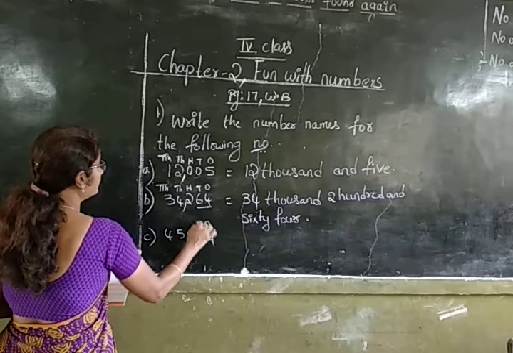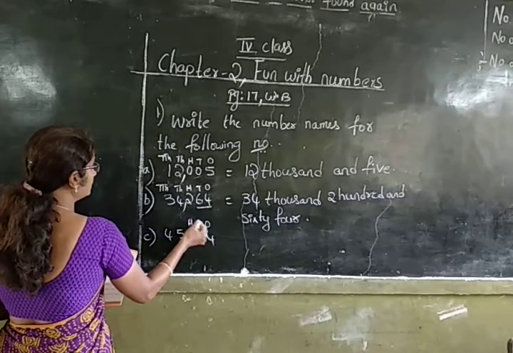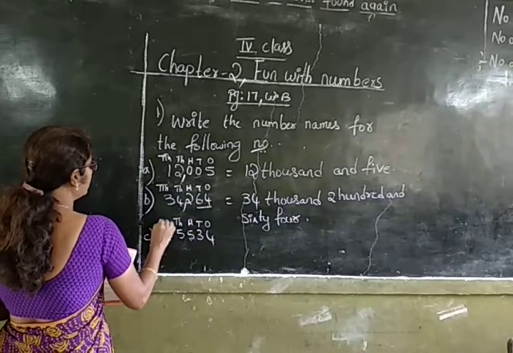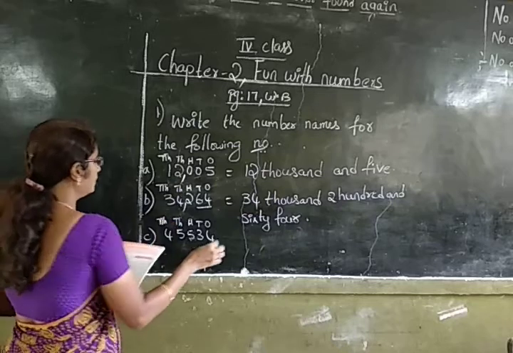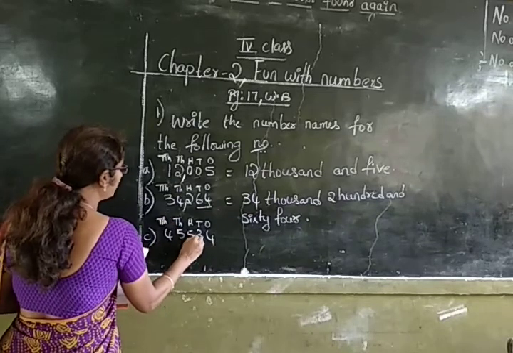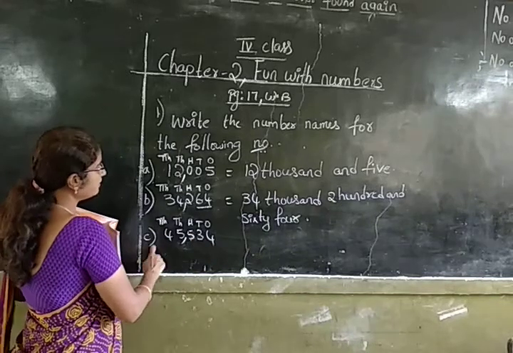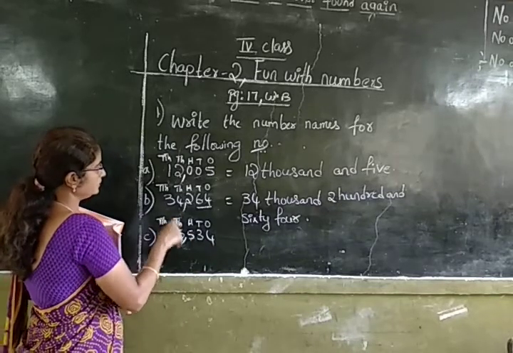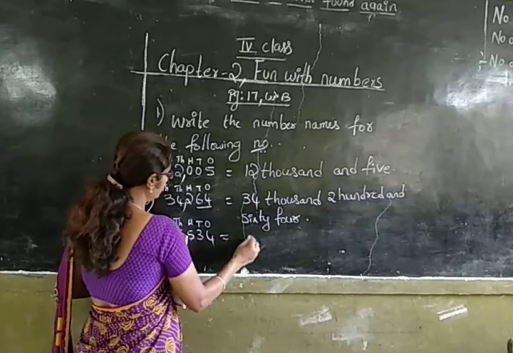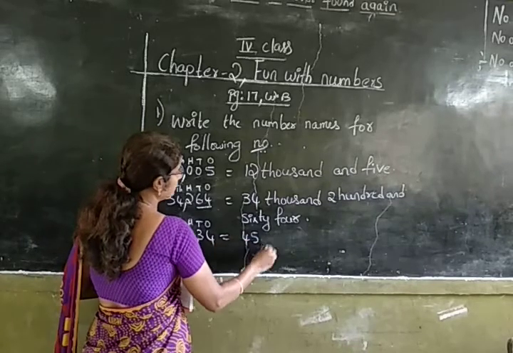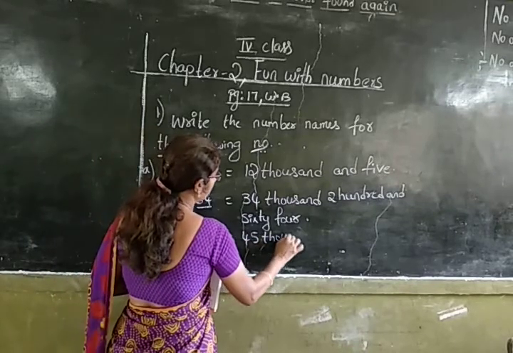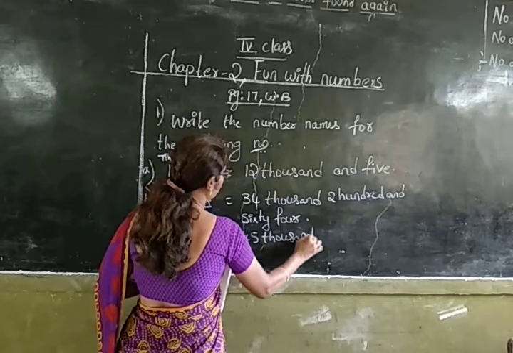Now let us do the C sum. First you have to write the places: ones, tens, hundreds, thousands, 10,000s. And after that you have to place the comma after hundreds place. So 45 is in which period? Thousands period. So you have to write 45,000.